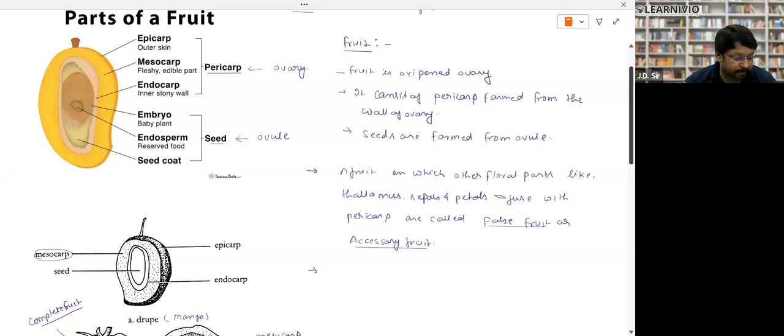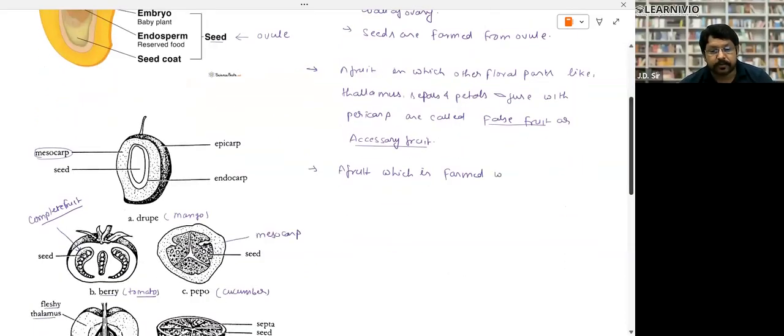Next, a fruit which is formed without fertilization. Fertilization we have gone through.